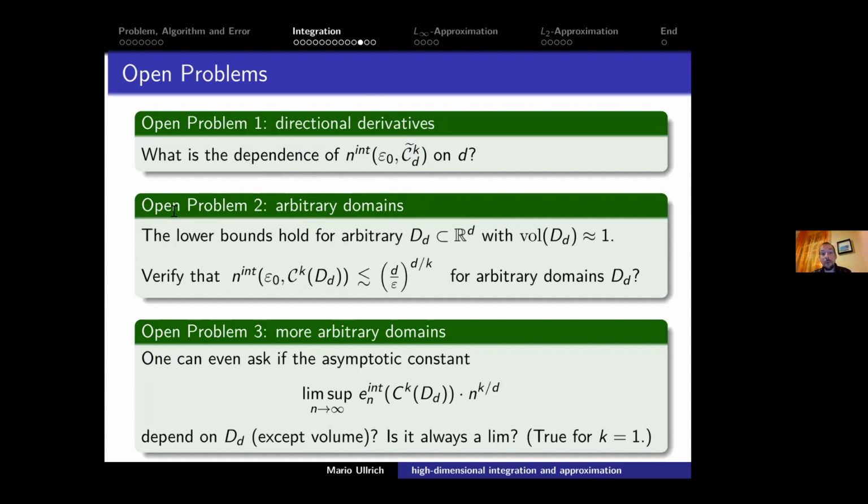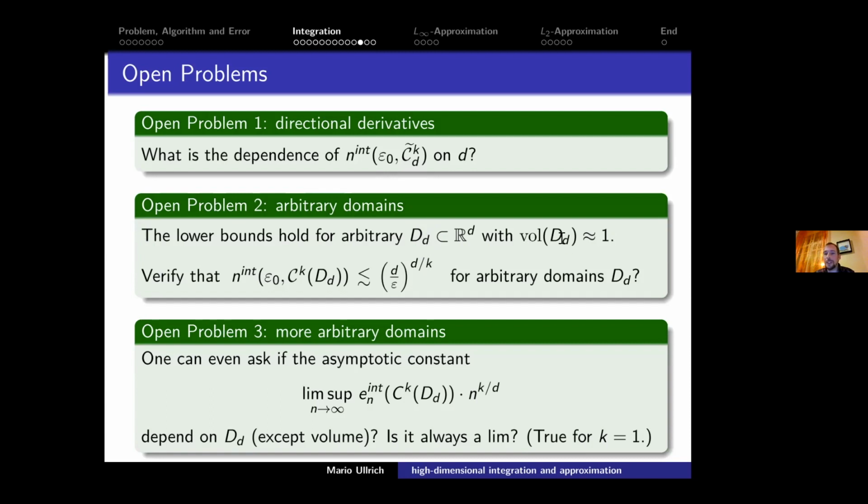Okay, so open problem number 2, I think, is much more interesting. What the proof already showed, if you manage to follow my arguments, is that the lower bound basically holds for arbitrary sets. It never needed the set to be the cube. It basically holds for every set.